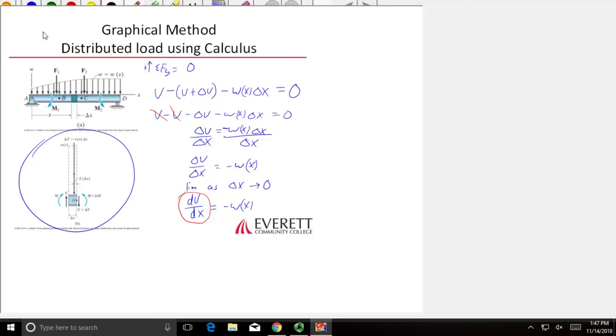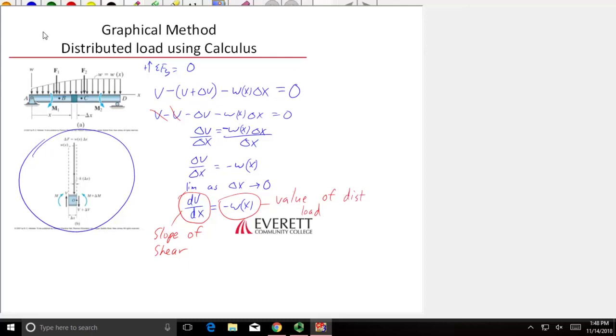The tangent to the slope would be the same thing. Yeah. So this is slope, or instantaneous slope, of shear. And I'm saying it's equal to wx, which is the value of distributed load.